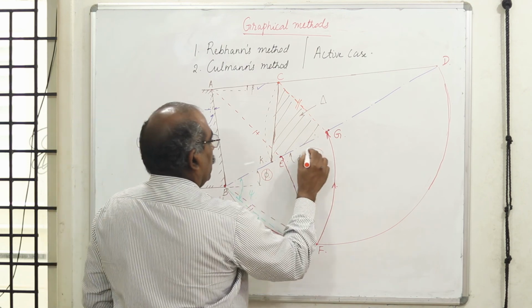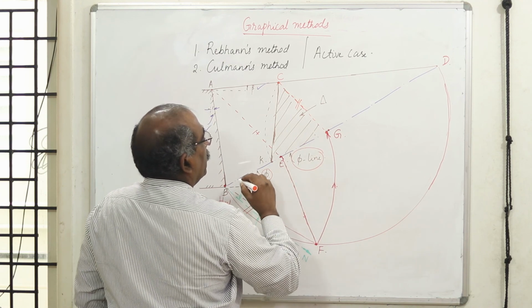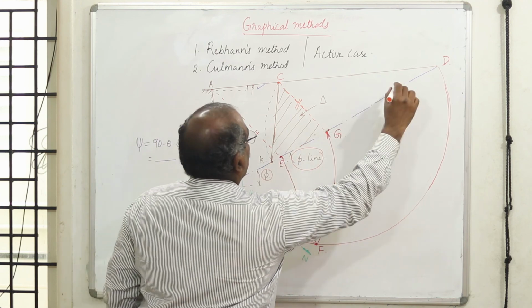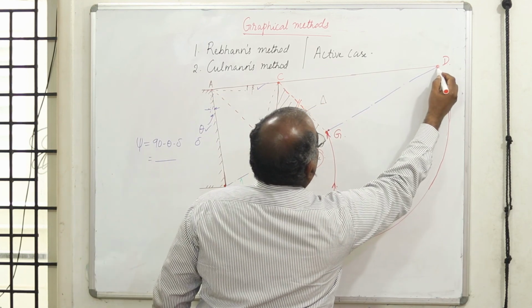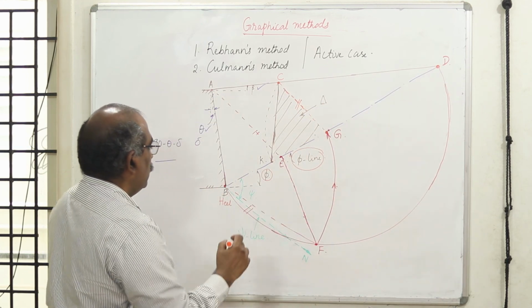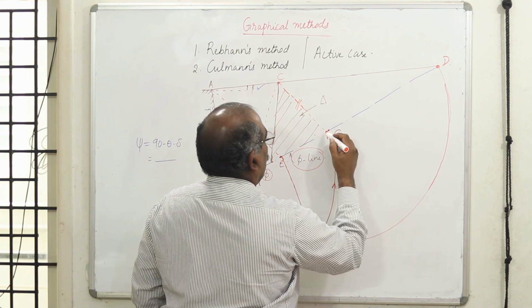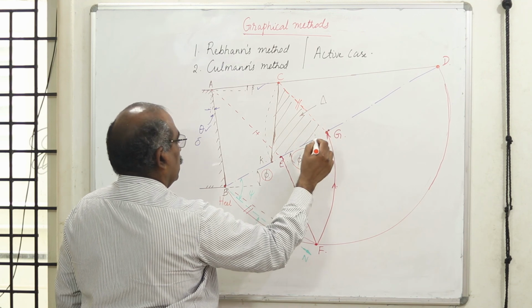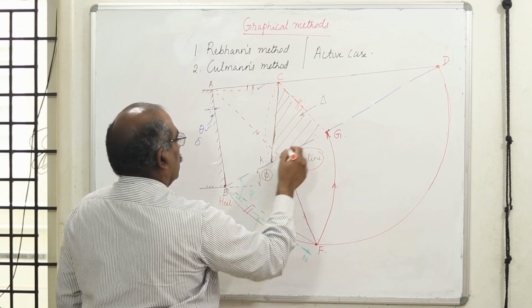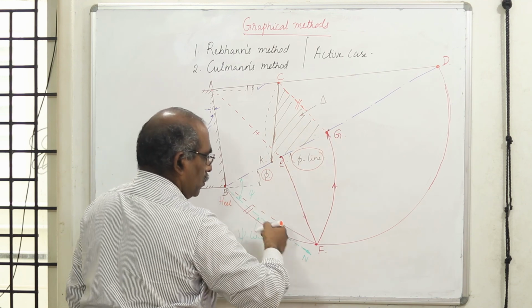Sorry, you get your phi line. Now extend this line and also extend the line AD. Wherever it meets is called D. Now you measure BD, mark the middle point. Then with this as center and BD as the diameter, you draw a semicircle.